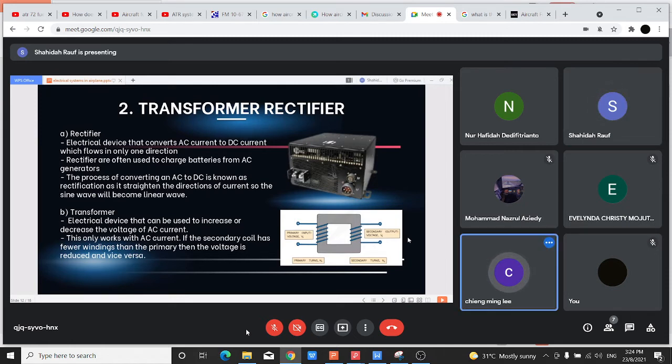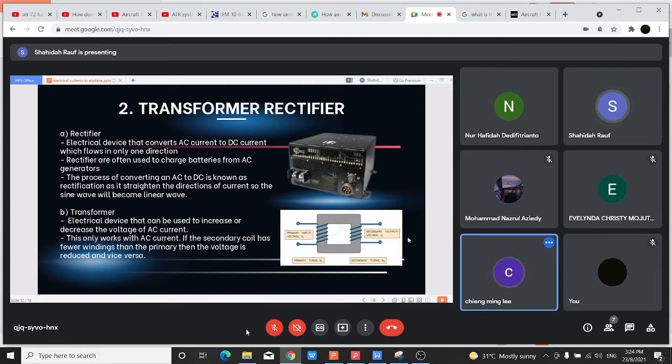For the aircraft, normally there are two engines. Partially, some of the systems will be supplied by the number one engine generator, and the other half will be supplied by the number two generator system. So in case one engine fails, the other engine can still supply partially.